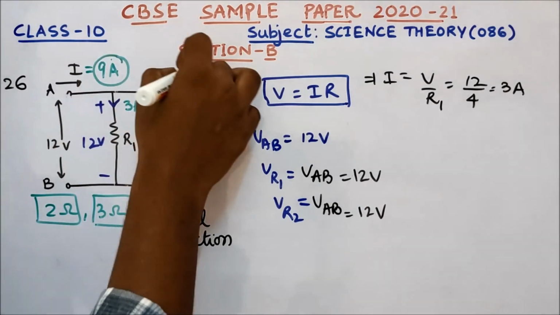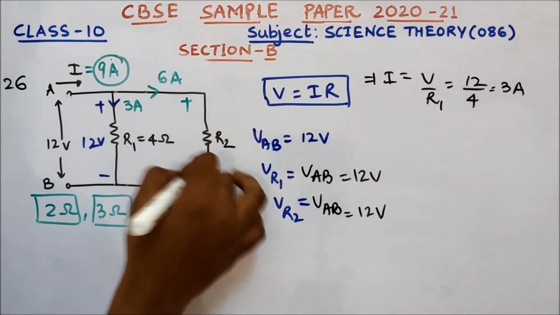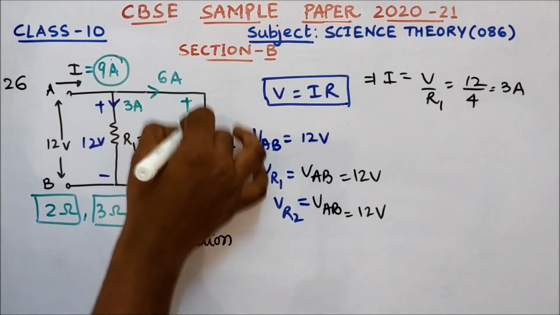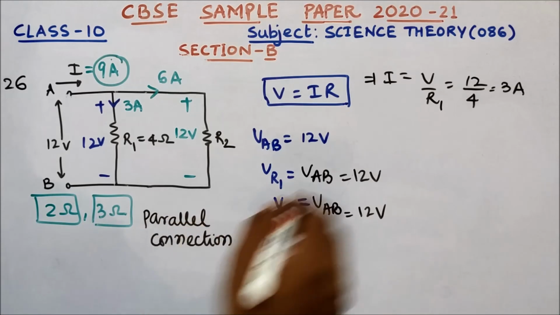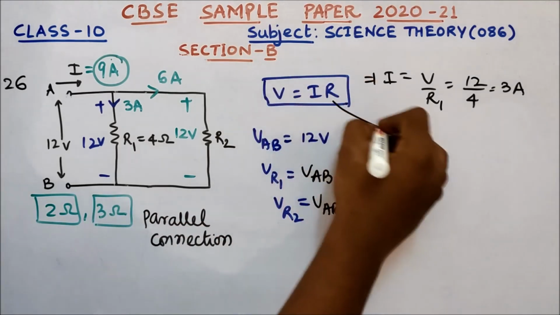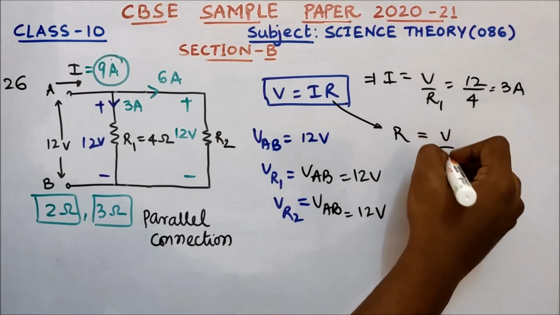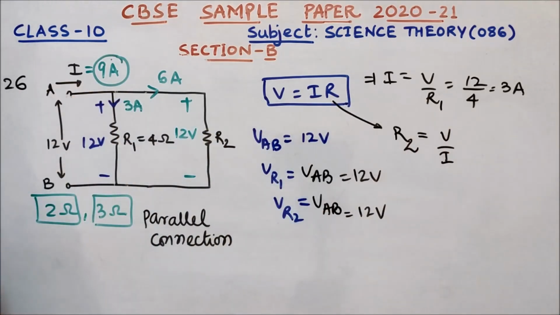If 6 amperes of current flows through this, what should be the potential difference across R2? That should be the same as R1, which is 12 volts. Then what is the value of R2? From the same formula, resistance is equal to V by I. We want R2.